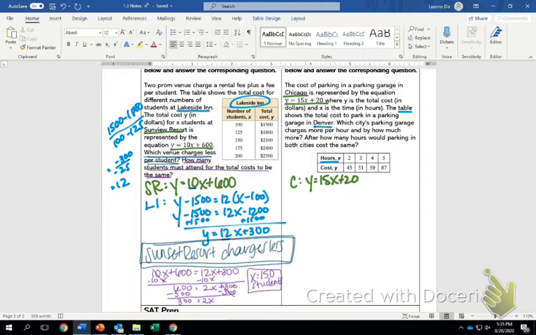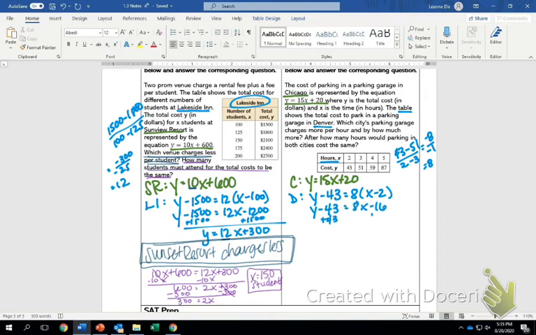And then for our Denver information, I'm going to figure out what the slope is really fast. 43 minus 51 over 2 minus 3. I'll get negative 8 over negative 1, which equals positive 8. So Denver is going to be represented by y minus 43. Remember, we're using our point slope form, not our slope intercept form, equals 8 times x minus 2. Okay? Distributive property comes next.